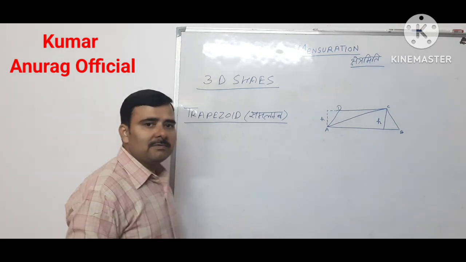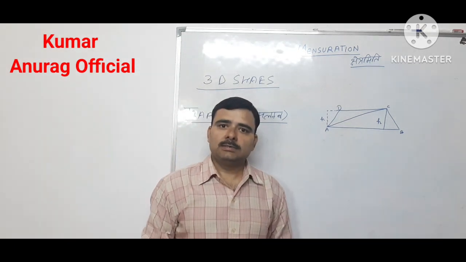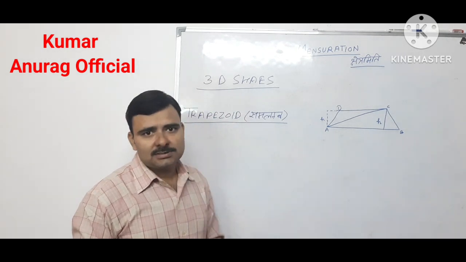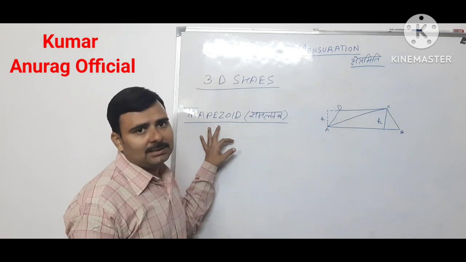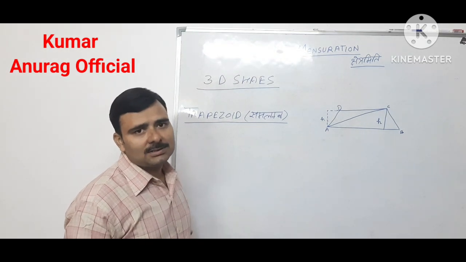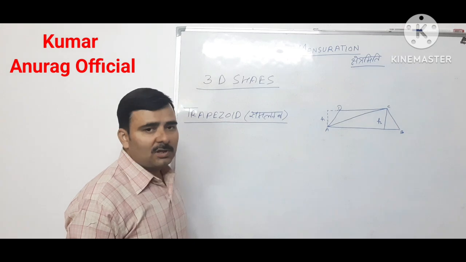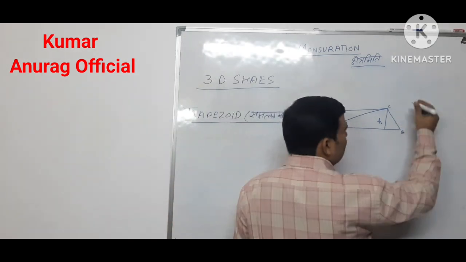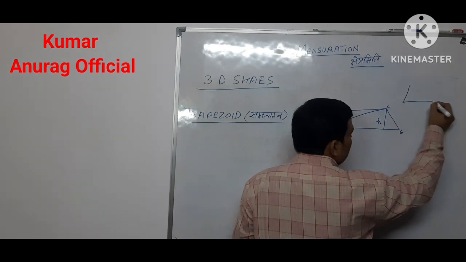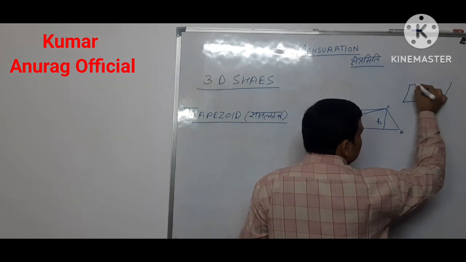Now one by one we will discuss all the shapes. In this scenario, the first shape we have is the trapezoid. In Hindi, trapezoid is known as samlamb. Now, a trapezoid is a type of quadrilateral which has one pair of parallel sides.